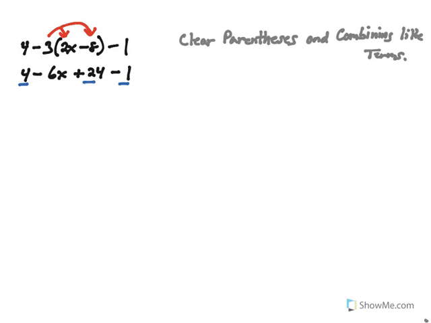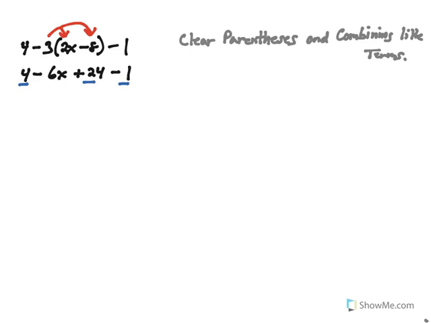If it makes sense, you can rearrange this. Four plus 24 minus 1. Actually, no, I wanted to do the numbers first. Actually, you know what? I'm just going to combine like terms. It'll be just much easier and less work.